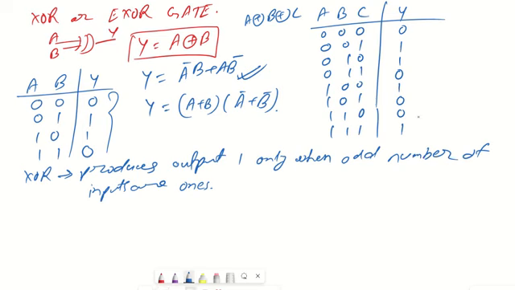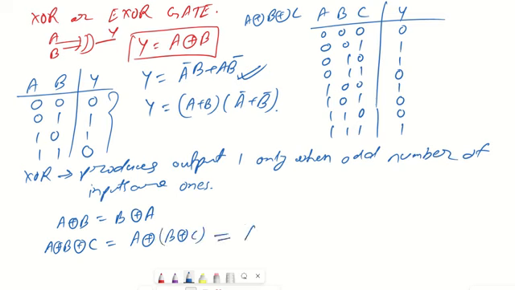Now, a few properties of this XOR gate. A XOR B will be equal to B XOR A, so it is a commutative property. Now, if you want to find A XOR B XOR C, you can first find B XOR C and then do the XOR operation with A. Otherwise, you can find A XOR B, and then do the XOR operation with C. For three variables, you get the same results.